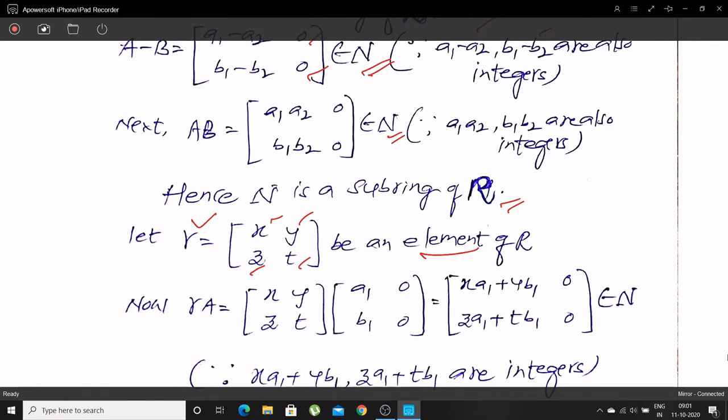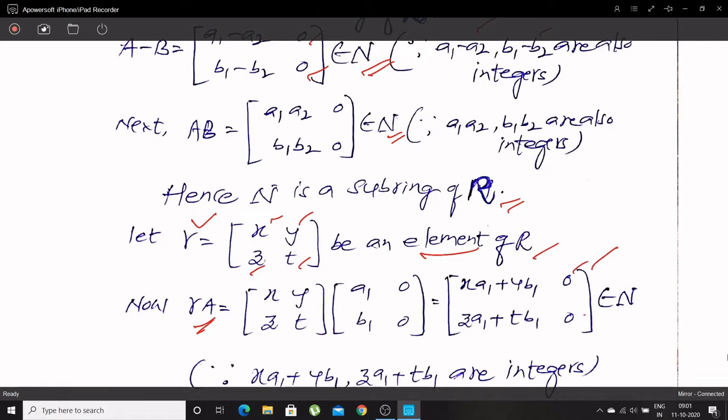Let me work out both. RA. You see what I said in the definition? The element of R appearing on the left hand side is treated as a left ideal. If it is on the right hand side, it is treated as a right ideal. RA. The product of R and A is XA1 plus YB1, ZA1 plus TB1 in the first column.